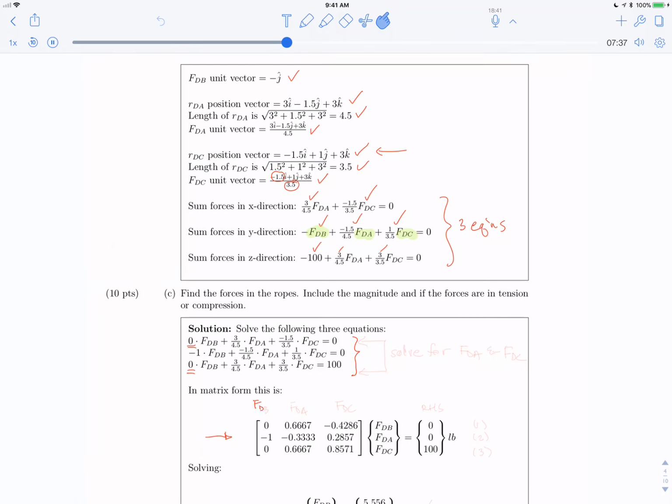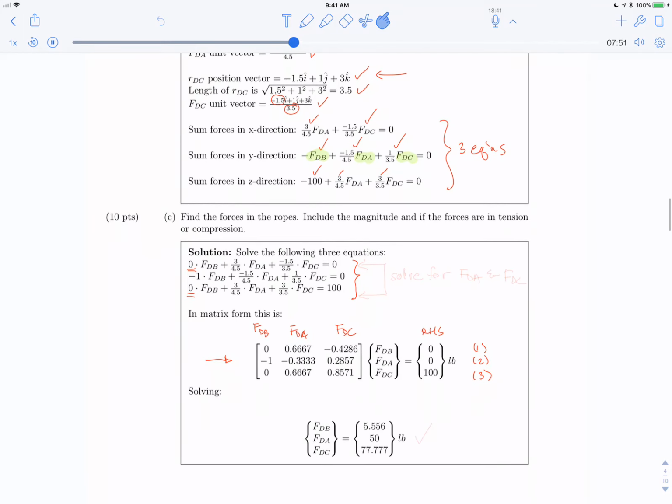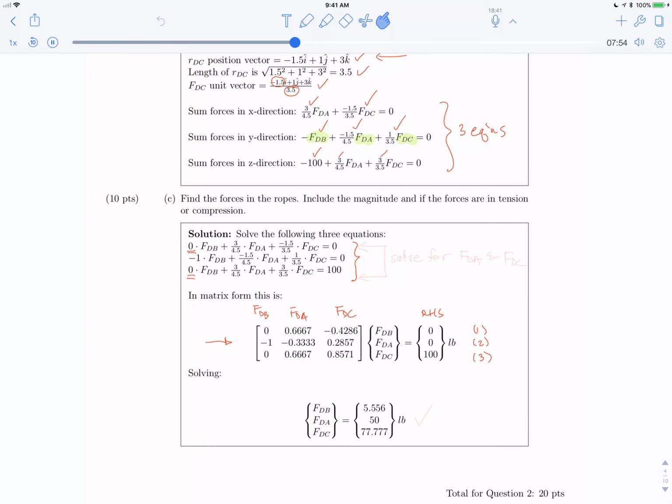These were all the FDB coefficients, FDA coefficients, and FDC coefficients. And on the right hand side, I had 0, 0, 100 for equation 1, equation 2, and equation 3. I carefully plugged in those 9 numbers into my calculator, pressed solve, and this is what came out.